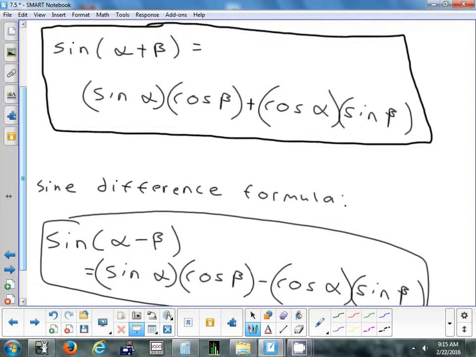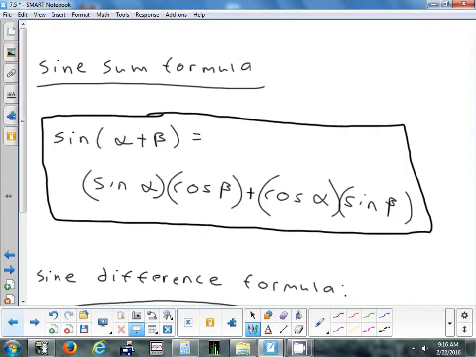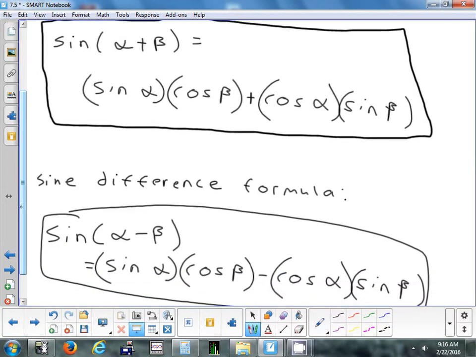Right, and then your sine difference formula is sine of the first, cosine of the second, minus cosine of the first, sine of the second. Right, and these formulas would allow us to do exactly the same kinds of things we did with cosine.